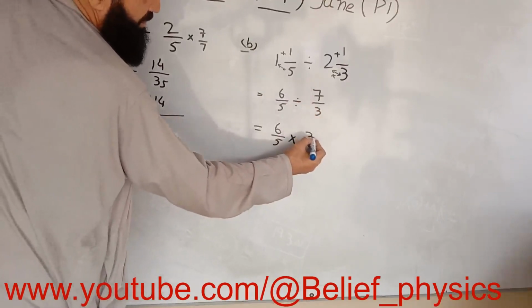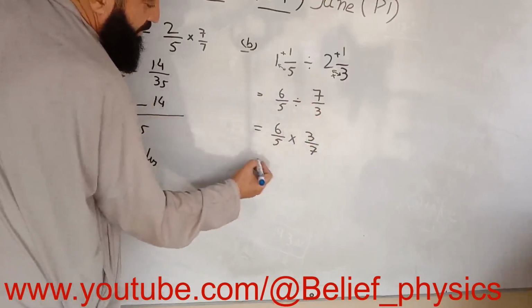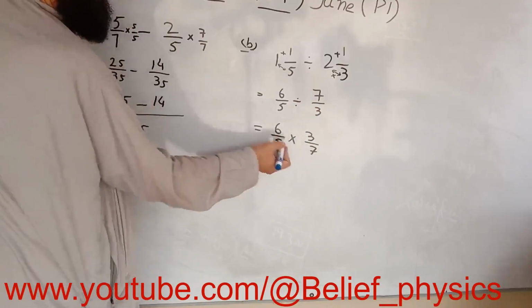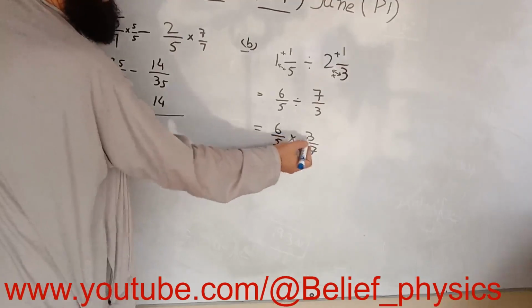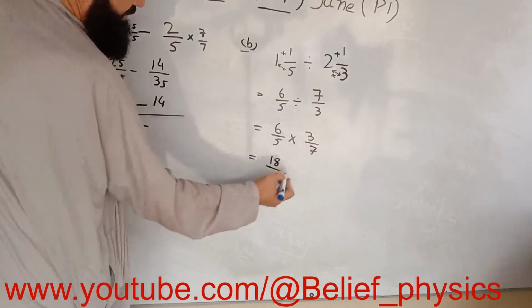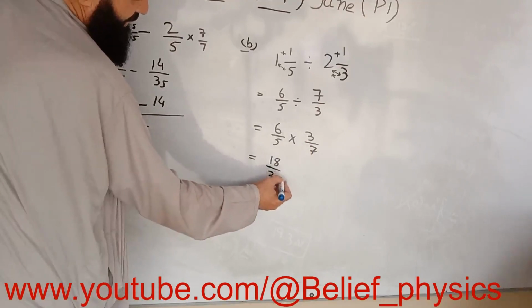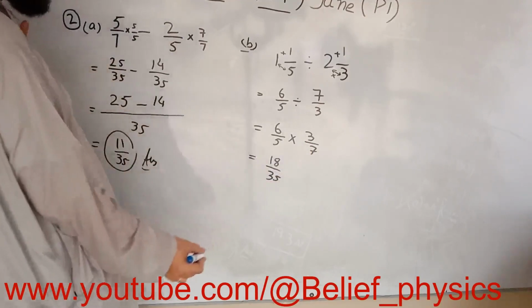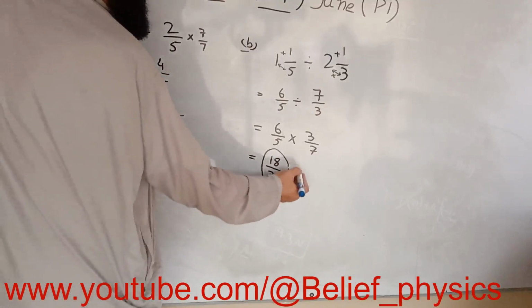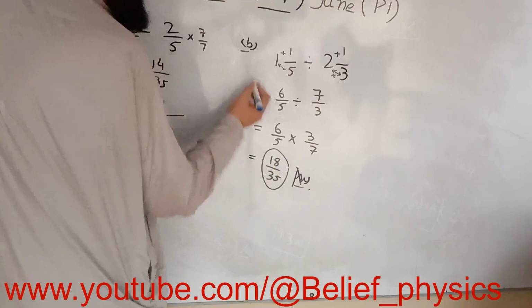So this will become 3/7. The table of 7 and 5 does not apply here, so we multiply them. 6 threes are 18, over 5 sevens are 35, and that's it. 18 and 35 are relatively prime. They cannot be simplified further. So this will be the answer of part B.